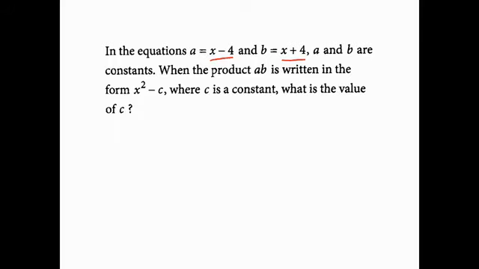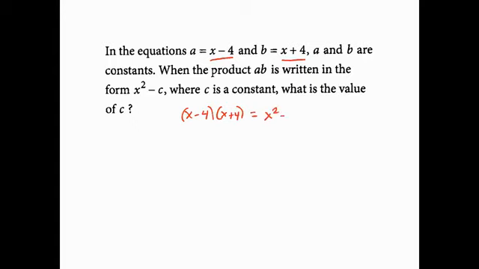So once again, we have x minus a constant and x plus the same constant. We know if we multiply these out, once again, just as we've been doing, we will discover that same property. The x times x gives us x squared.